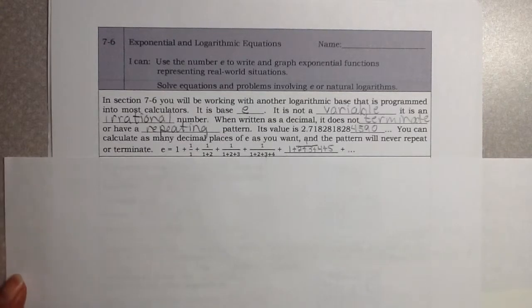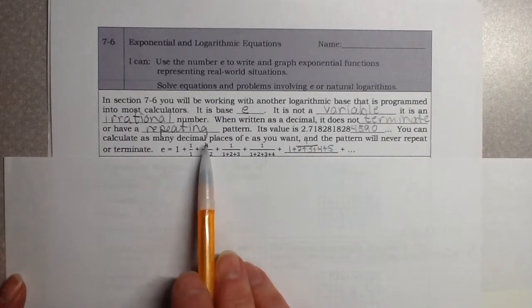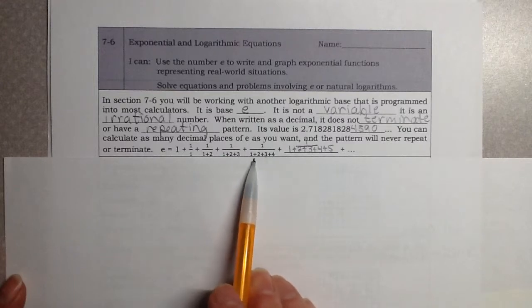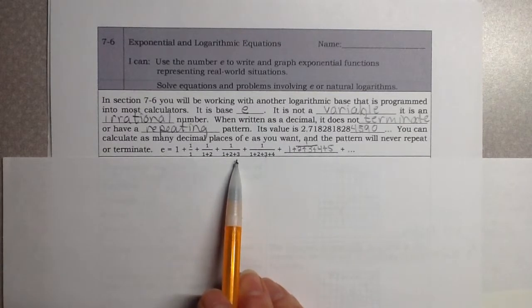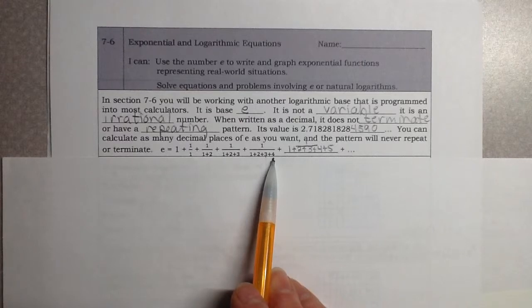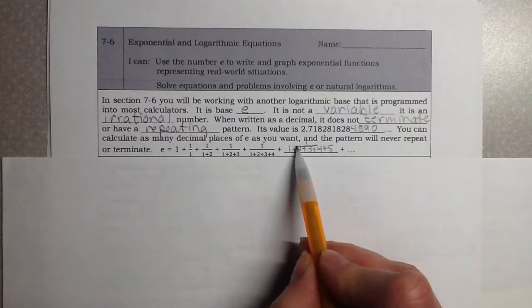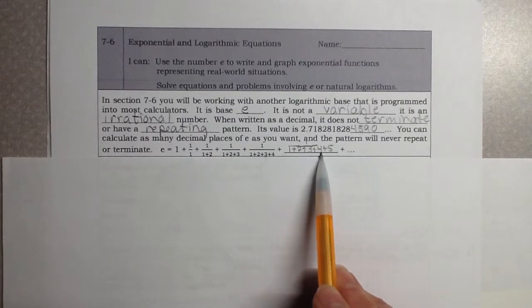The way that you calculate e is you take 1, and then you add 1 over 1 plus 1, then 1 over 1 plus 2, and then you keep adding the next integer. Here we added a 3, here we added 4, so the numerator is always 1, and the denominator goes 1 plus 2 plus 3 plus 4 plus 5.